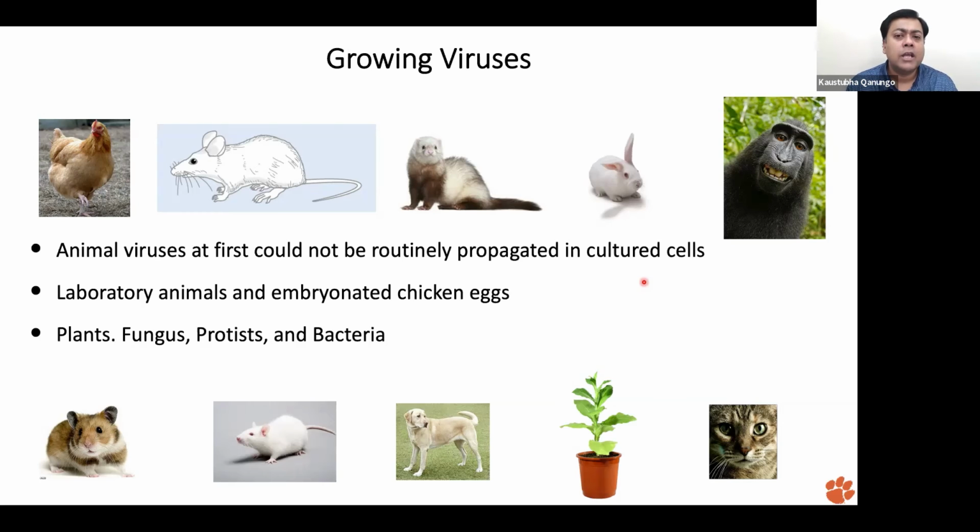After that, they could routinely propagate polioviruses in cell culture, and that opened up the whole area of virology. Before that, viruses were grown in laboratory animals and embryonated chicken eggs. And nowadays, we can grow viruses on plants, fungus, protists, and bacteria.